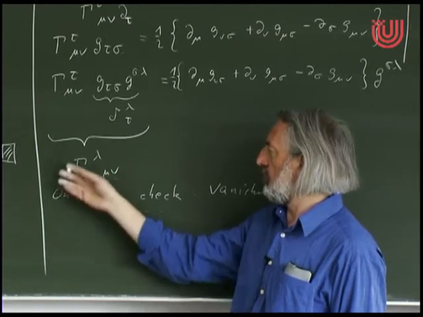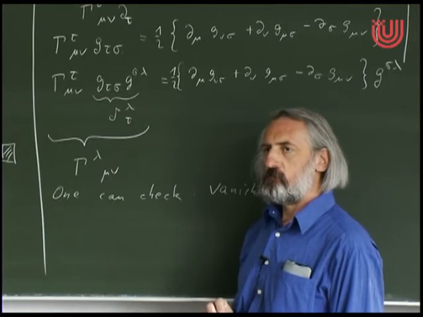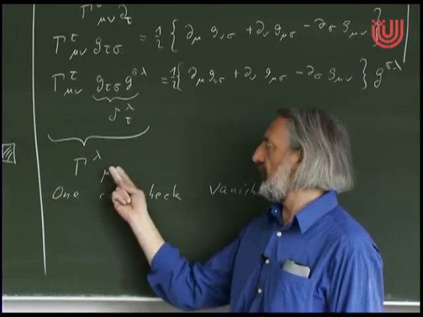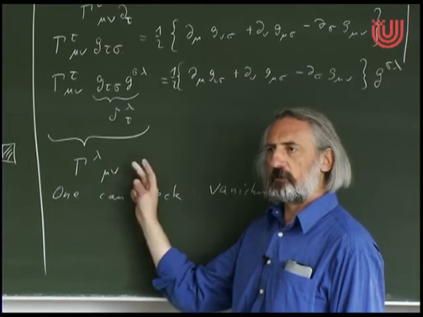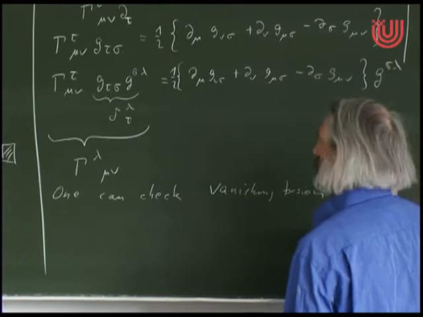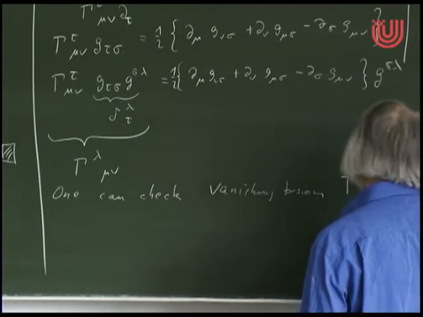What was a torsion in coordinates? How was it related to the gammas? Don't remember? It's just the anti-symmetrization with respect to the 2 lower indices. Yeah? So the T, what are the indices? Lambda mu nu was defined. Oh no, it was not defined, sorry.